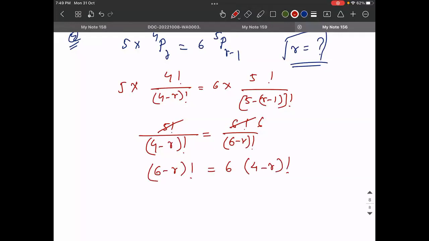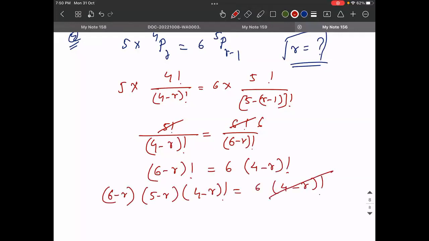I don't know whether it will be a quadratic or cubic equation. Quadratic, okay. So you can write 6 minus r multiplied by 5 minus r multiplied by 4 minus r factorial is equal to 6 into 4 minus r factorial. These two will cancel.